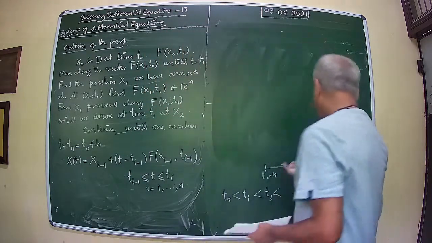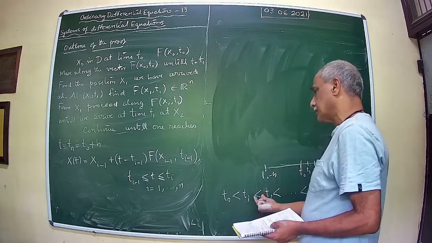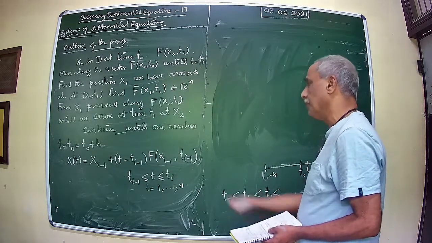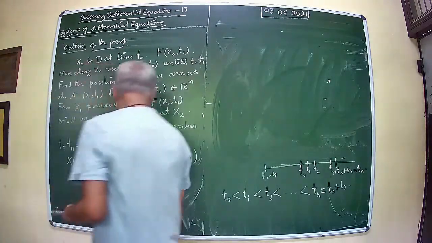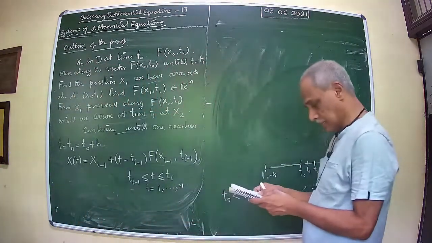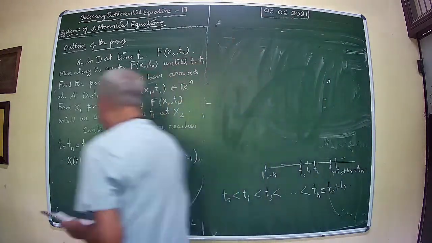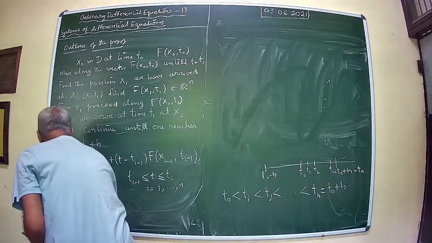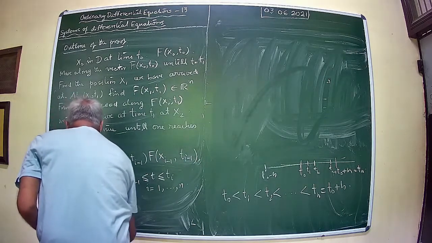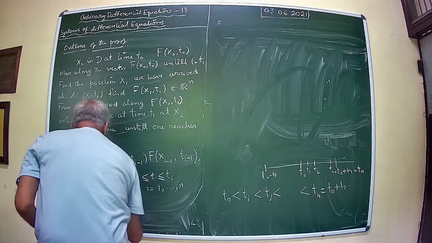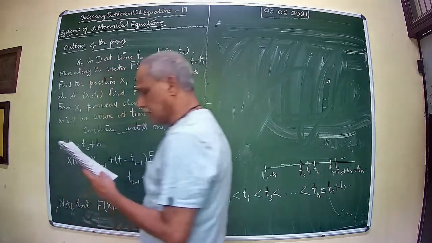So we want that the time interval gets shorter if you are asking for greater accuracy. Okay, so let us fix this. How do we fix that? Note that f is a continuous function.